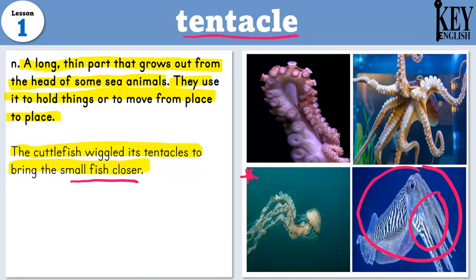A jellyfish also has tentacles like these that are coming out from its head. So this word tentacle is used to describe this body part of some animals. And just like we use our hands to hold things and we use our legs to move around, these animals use their tentacles for the same purposes.